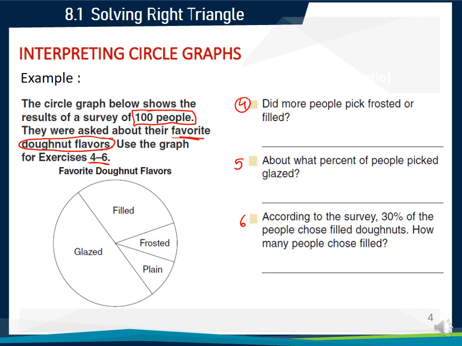Did more people pick frosted or filled? In here we have filled and in here we have frosted. Which sector is greater? Of course, filled is greater. So we can say people pick it.